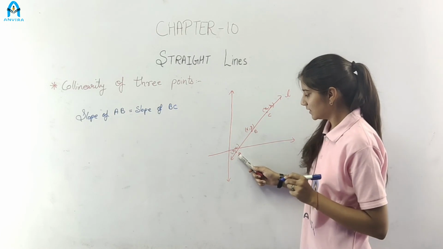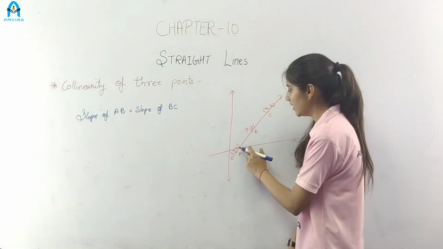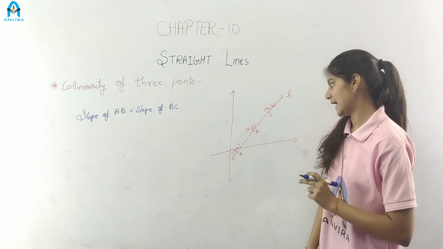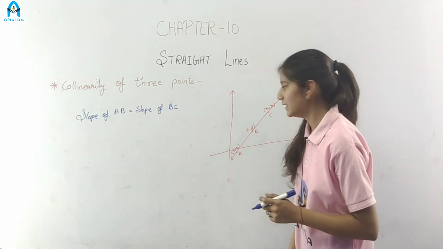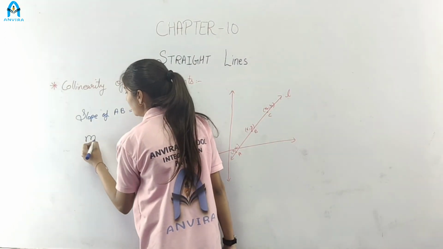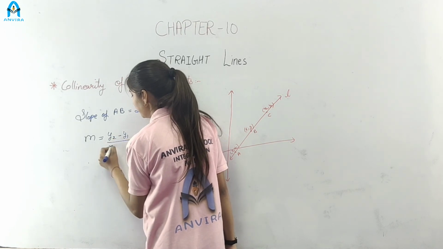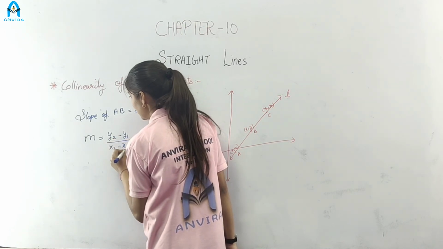Let us take the coordinates of point A as x1 y1, point C as x2 y2 and point B as x comma y. As I know, slope is given by the formula y2 minus y1 upon x2 minus x1.